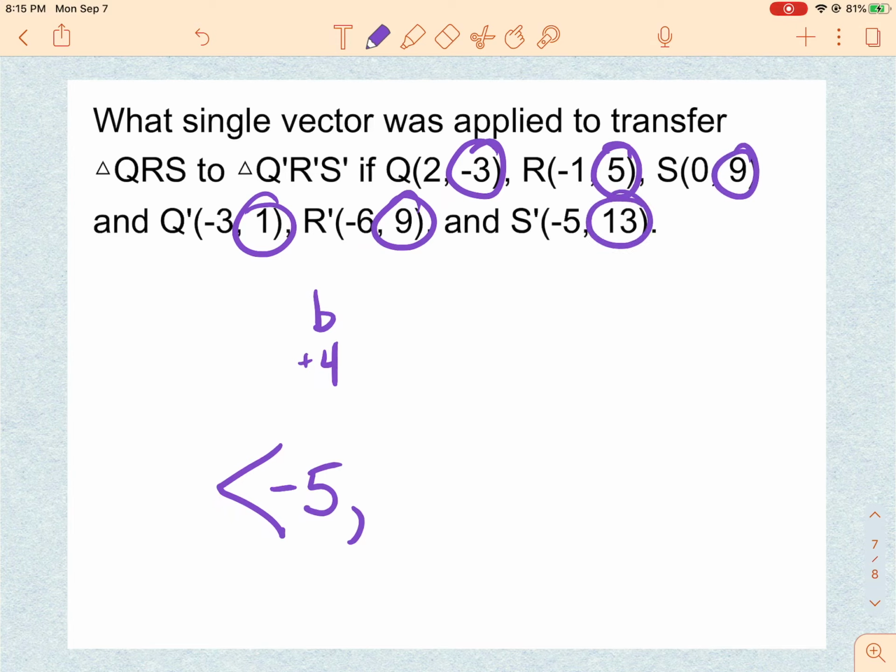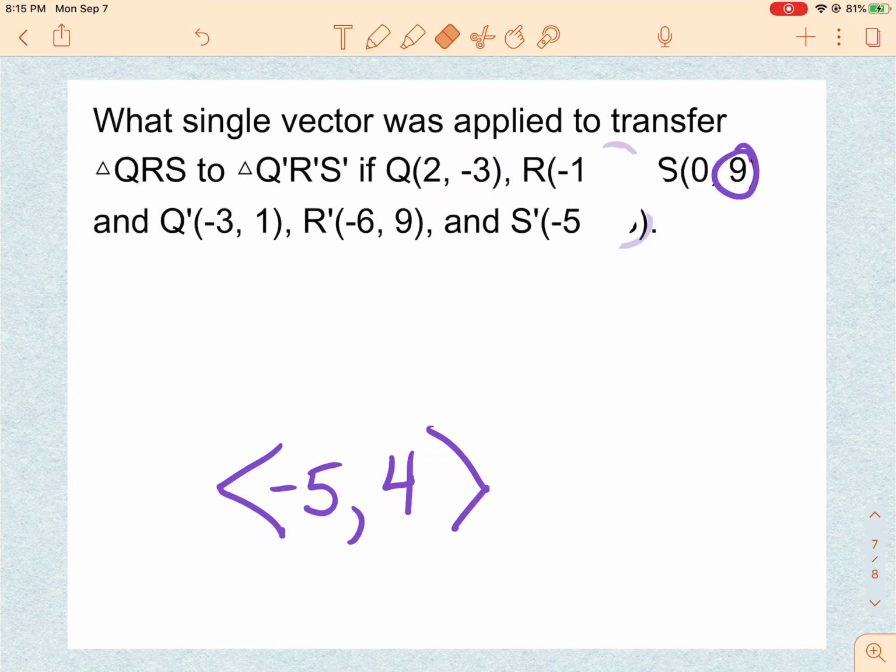From 9 to 13, you went up 4. So you're really just picturing on a coordinate plane, on a number line, something that can make you count those spaces. So then the single vector that was applied to go from triangle QRS to triangle Q prime, R prime, S prime was 5, -4.